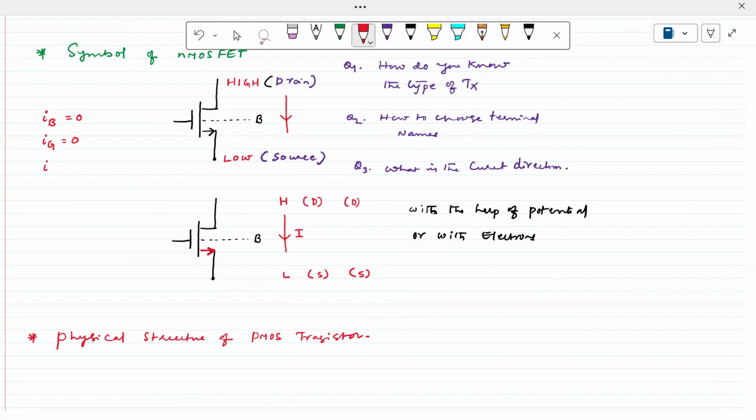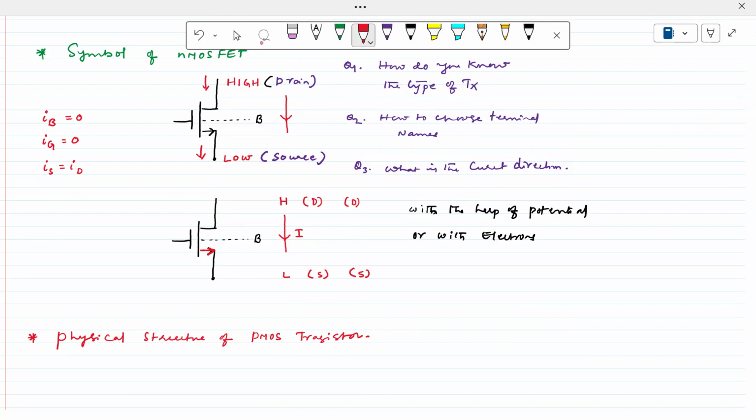But the current through the source terminal and the current through the drain terminal are the same. Whatever current flows into the source, the same current also flows at the drain. This is called the drain terminal, and this is the source terminal.